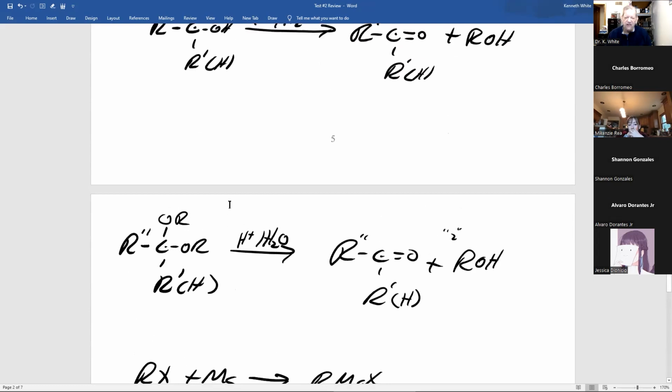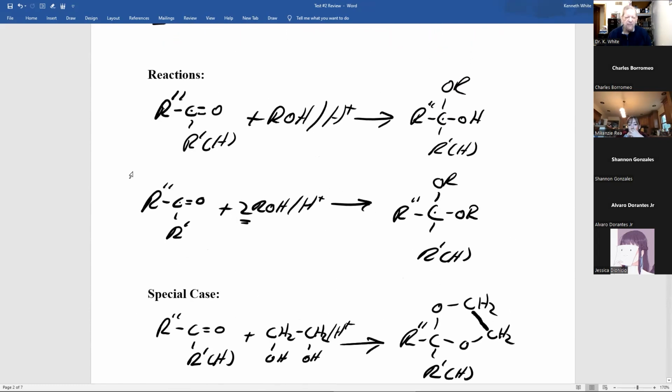Now, the next four reactions were a little challenging, and I also promised I would never give a synthesis reaction. First one: if you take a ketone or aldehyde, if R prime is hydrogen, it's an aldehyde. If R prime is carbons, it's a ketone. And if you react it with an alcohol and acid catalyst, keep your eye on the carbonyl carbon.